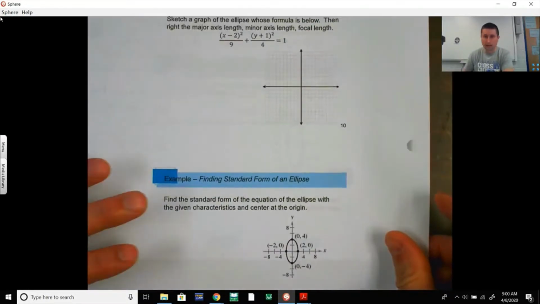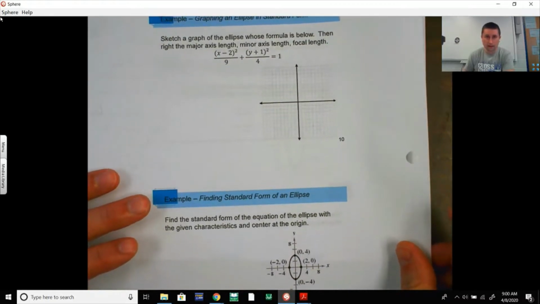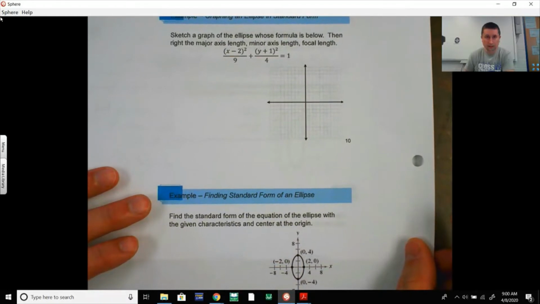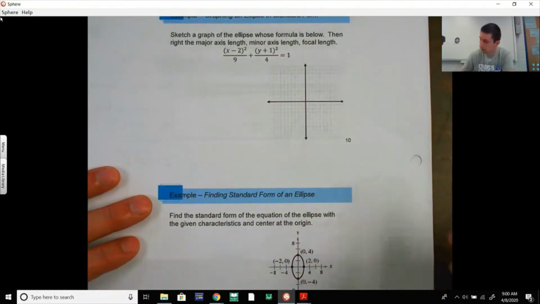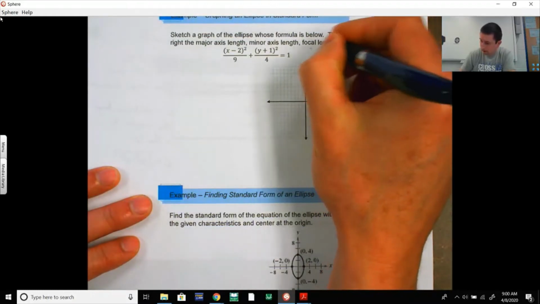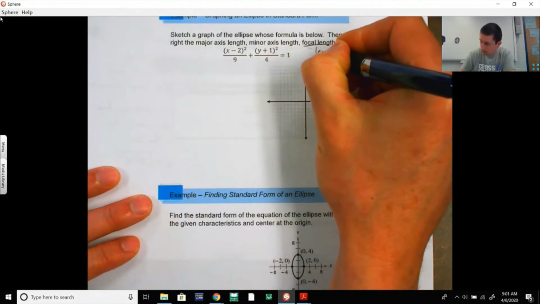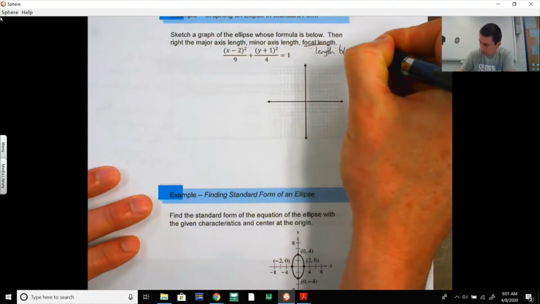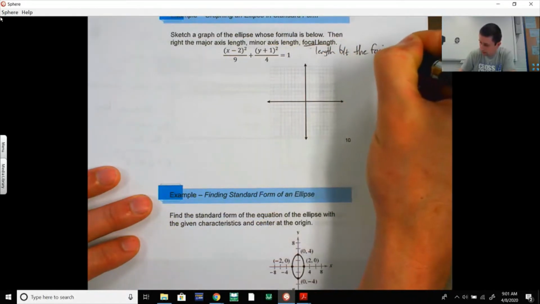Okay, so sketch a graph of the ellipse whose formula is below, then write the major axis length, minor axis length, and focal length. Focal length is the length between the foci, and it equals 2 times c.